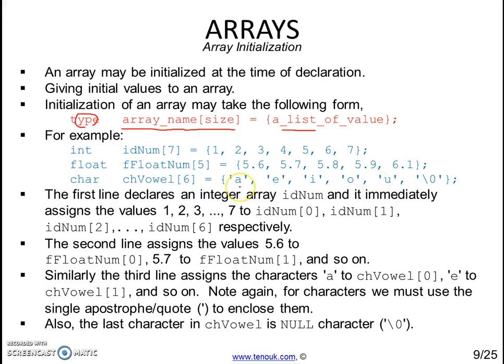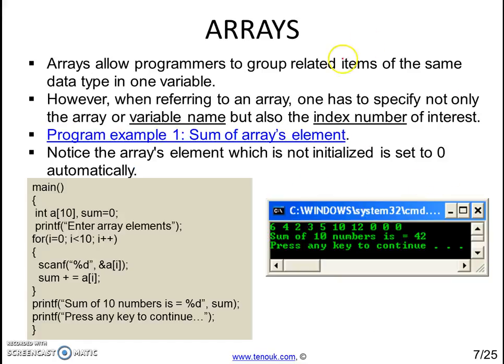To separate a character from a string, we enclose a character in single quotes, and at the end you have to specify a null element. You have to reserve one space in a character array for the null element. So arrays allow programmers to group related items of the same data type in one variable.